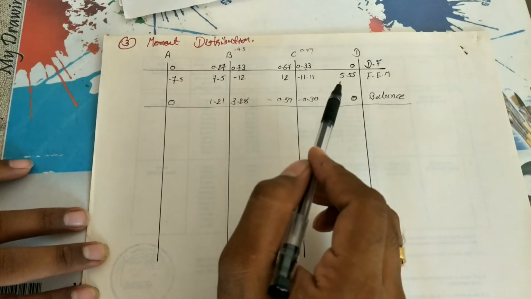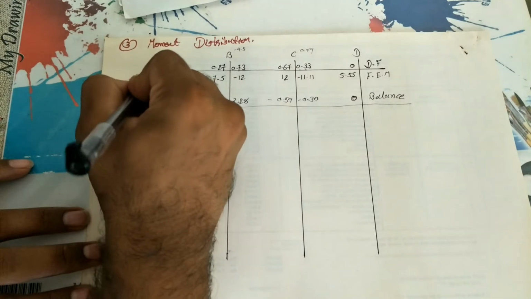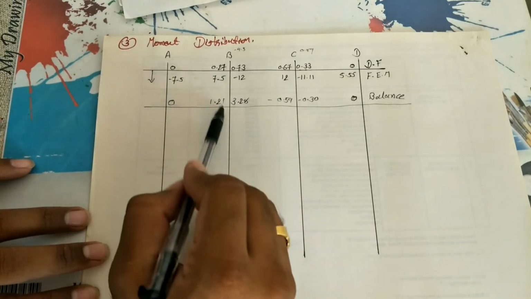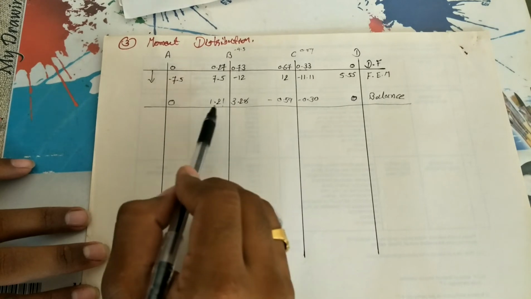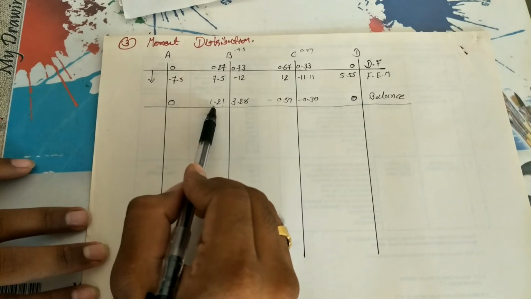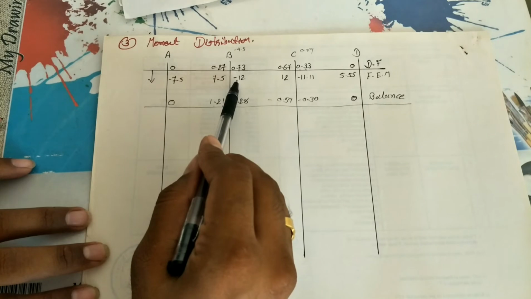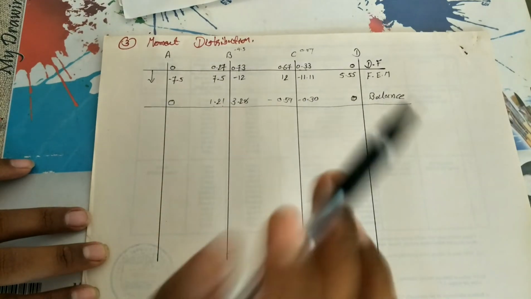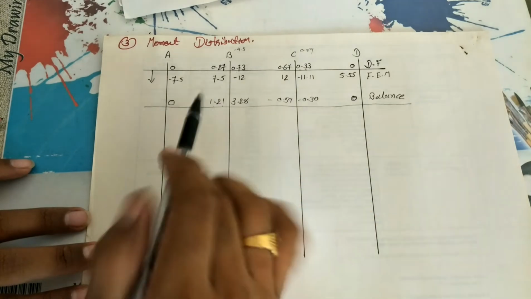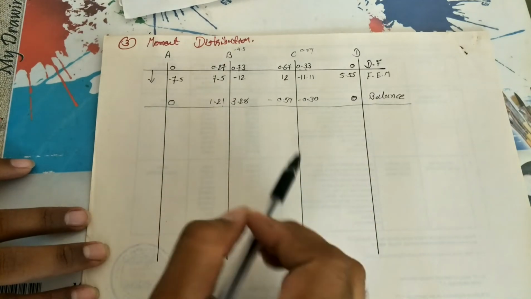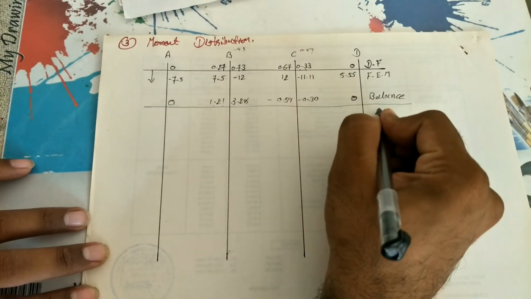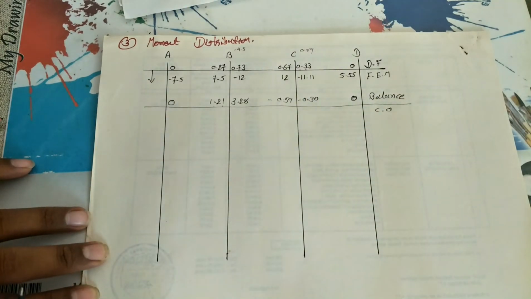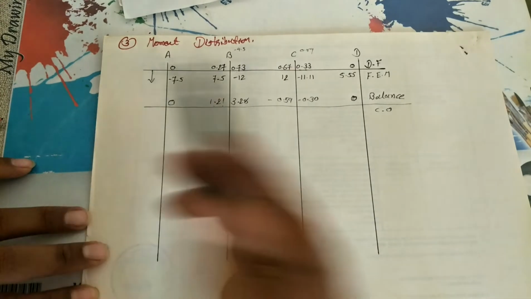After that, see how you can check whether we have to go further or not. For that, the addition of these two, 7.5 plus 1.21, that answer, and minus 12 plus 3.28, that answer should compulsorily match, but here it does not happen, so we have to carry over. How can you carry over from one to another?